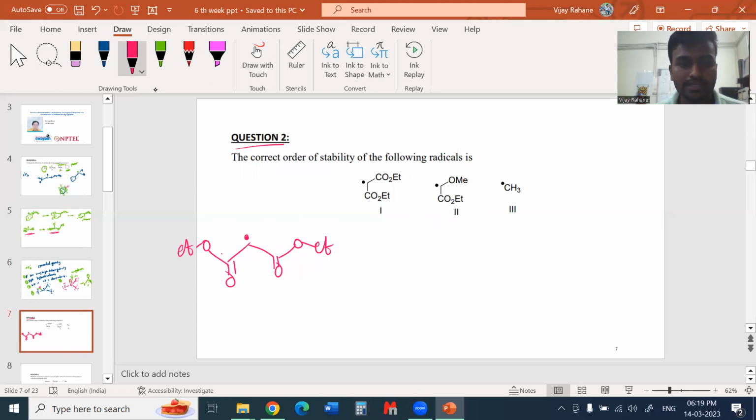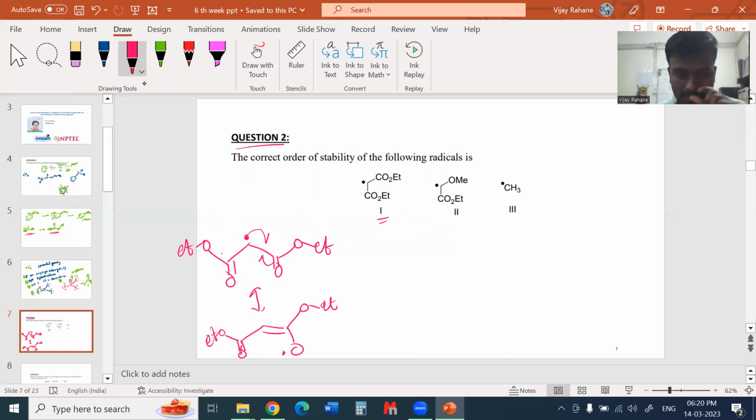If you see this radical, the lone pair like this, the stabilization is possible in this case, and from both sides. So this is how the radical gets stabilized in this first structure.